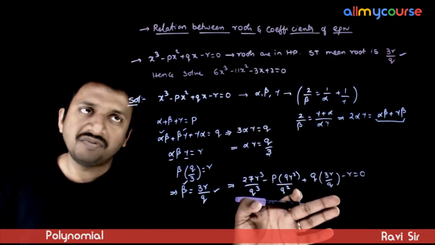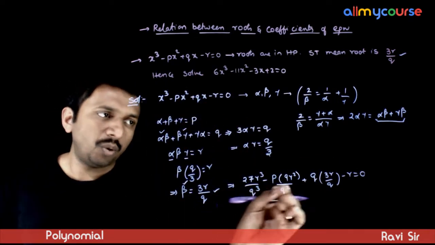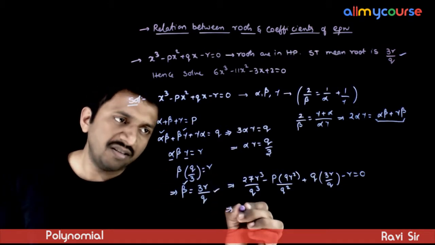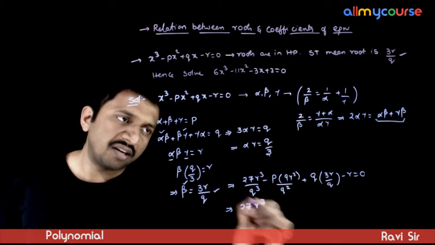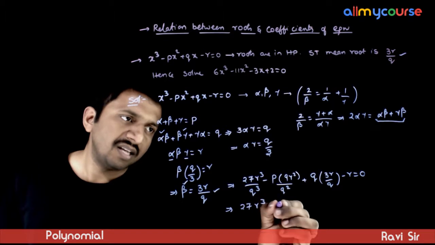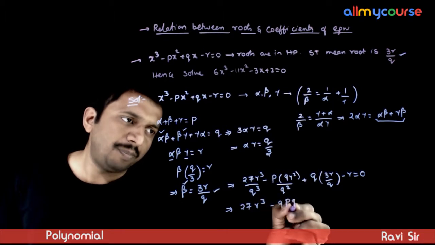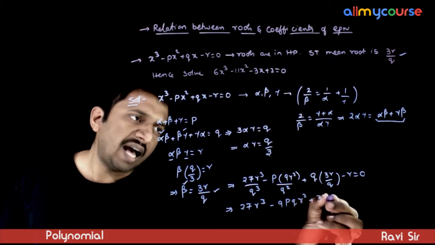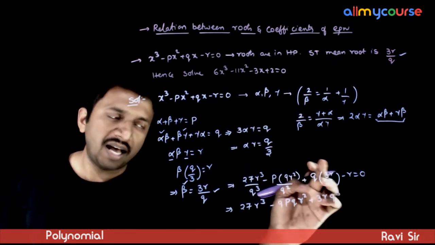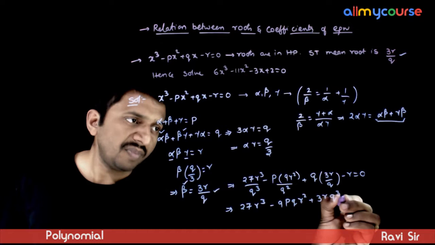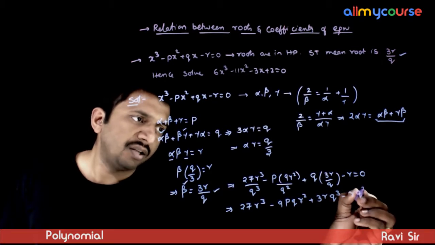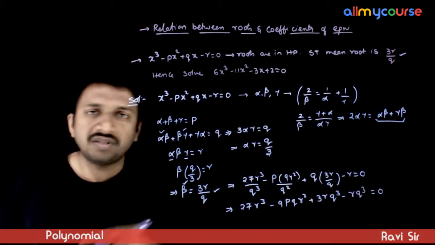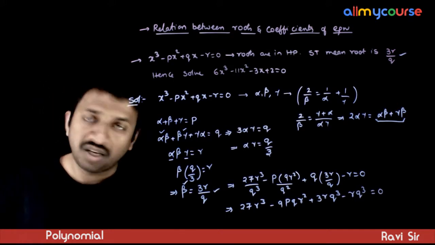So this is the condition which relates p, q and r. Let us simplify this. 27r cube minus 9pqr square plus 3rq cube minus rq cube is equal to 0.